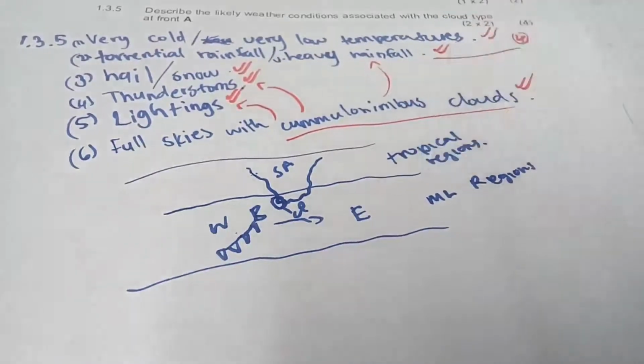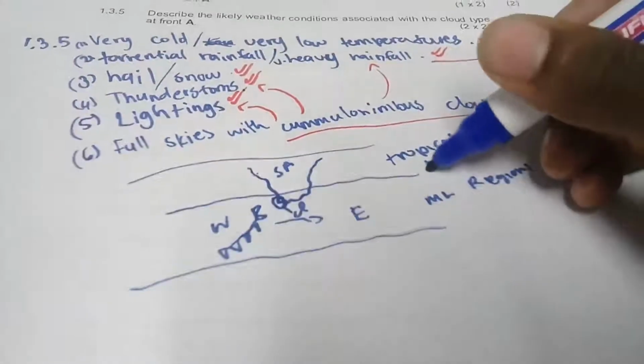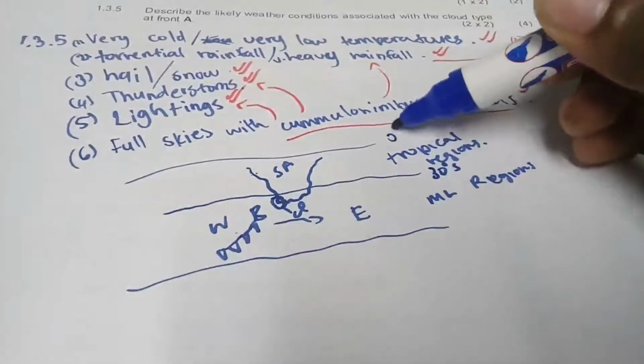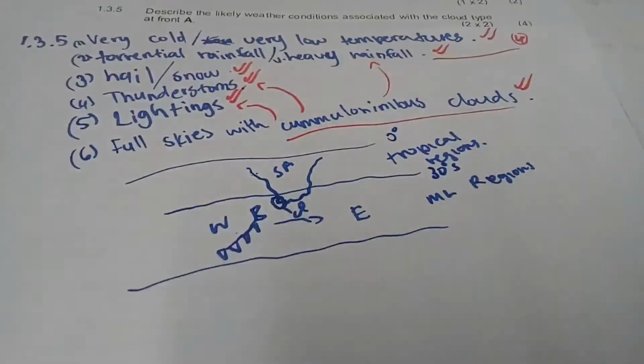The 30 degrees south has moved upwards. Yes, the equator has moved away, therefore we are experiencing winter. That's it, guys. Okay, let's go to 1.3.6.